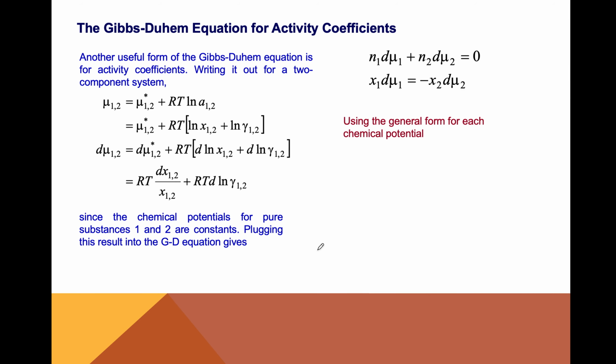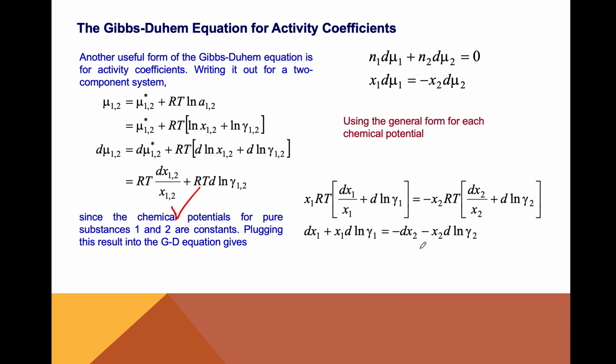The Gibbs-Duhem equation for activity coefficient. Another useful form of the Gibbs-Duhem equation is for activity coefficient. Writing it out for a two-component system, after further rearrangement and derivation, we can get this one. Since the chemical potential for pure substances 1 and 2 are constant, plugging this result into the Gibbs-Duhem equation, it will give this equation.